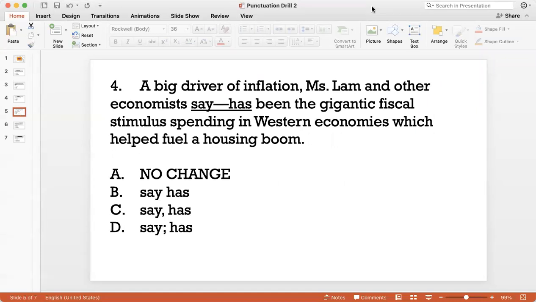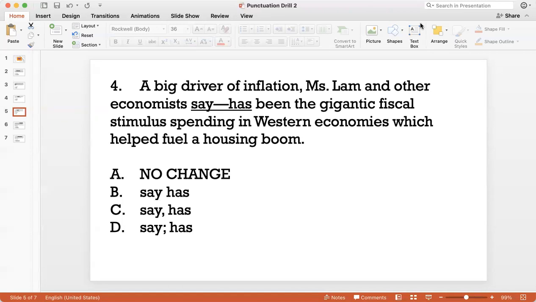Question 4. A big driver of inflation, Ms. Lam and other economists say, has been the gigantic fiscal stimulus spending in Western economies, which helped fuel a housing boom. So this sentence presents the cause of inflation: a big driver of inflation has been the fiscal stimulus spending in Western economies. And it quotes Ms. Lam and other economists who have said it.